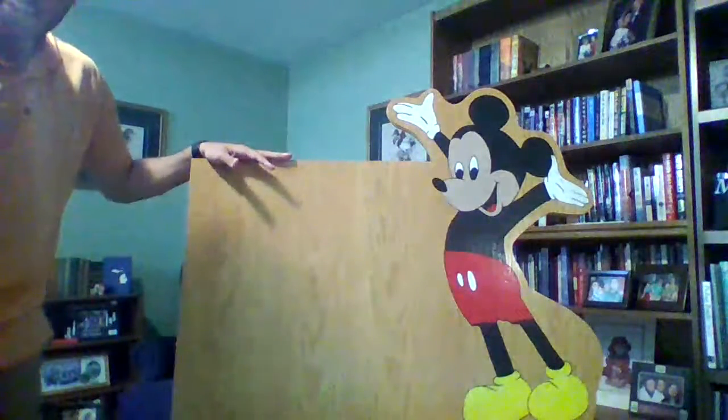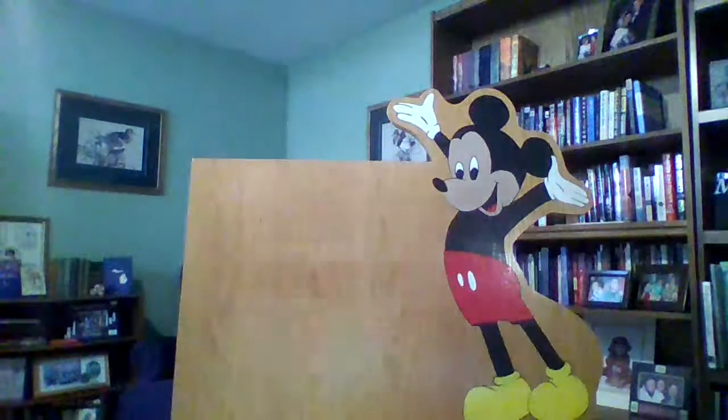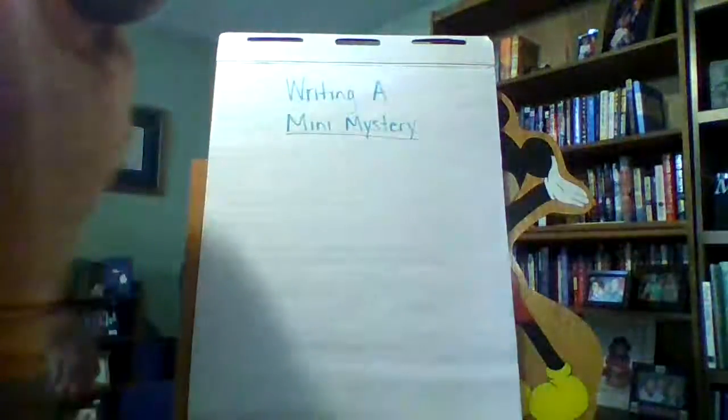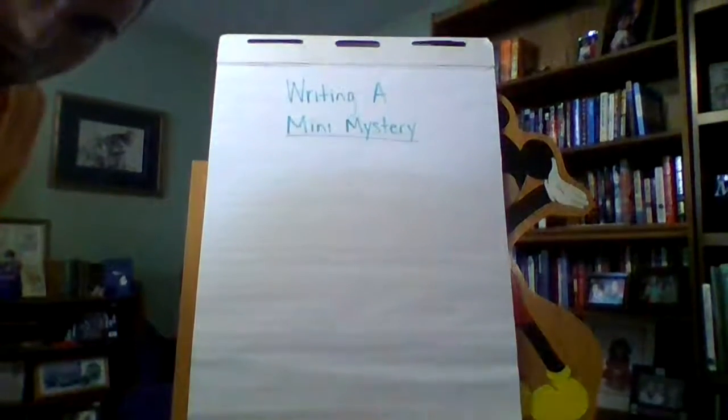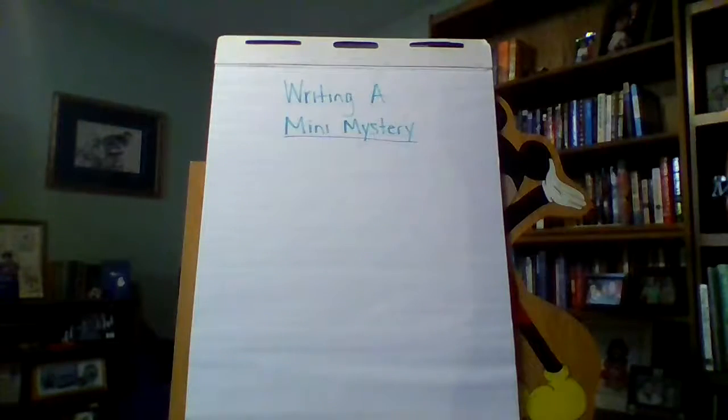And so I thought this would be a perfect time to use this to help teach. So I have some whiteboard paper, so you should be able to see that. Okay, it looks like it's all good to go. And so these are going to be the steps for writing a mini mystery.